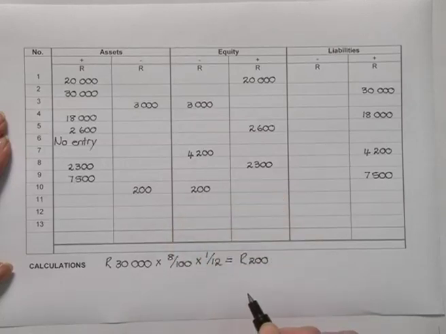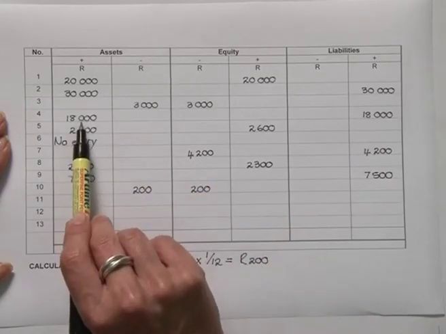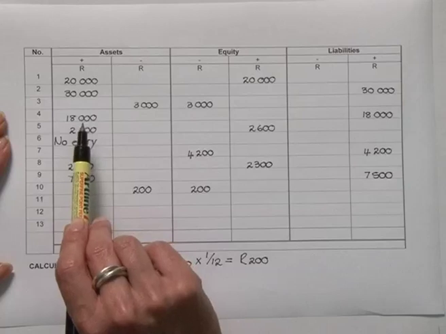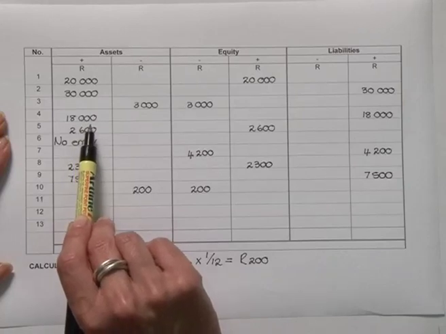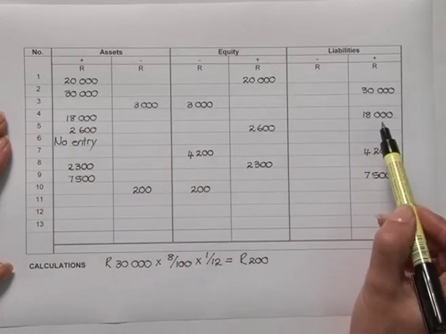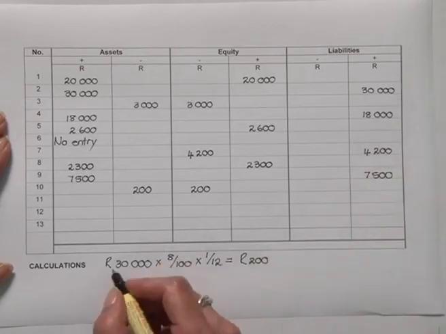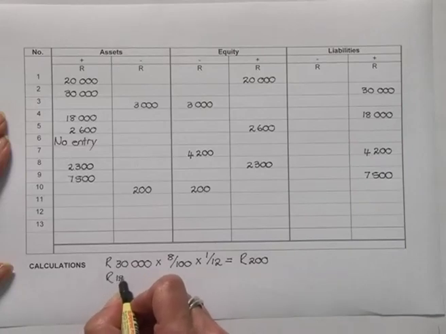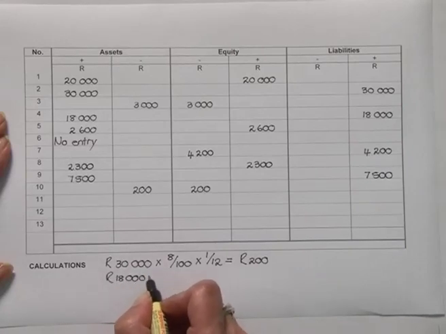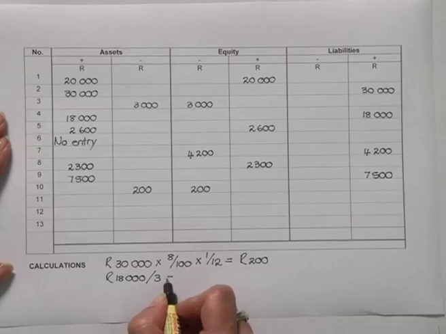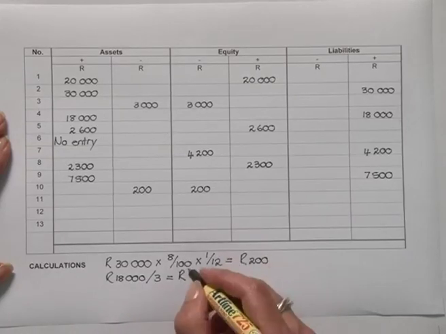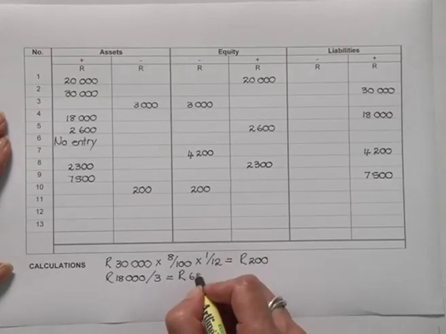Transaction number 11, paid the first installment to Salon Suppliers by check, and they tell you to refer to number 4 above. In number 4, we purchased the equipment on credit, and they tell you in number 4 that the amount was payable in 3 equal monthly installments. If we then take the 18,000 Rand in total, divided by 3 to get to our monthly installment, that will be to the value of 6,000 Rand.